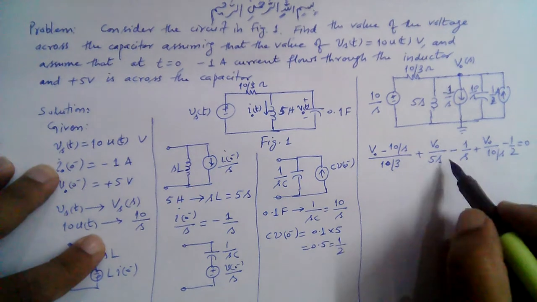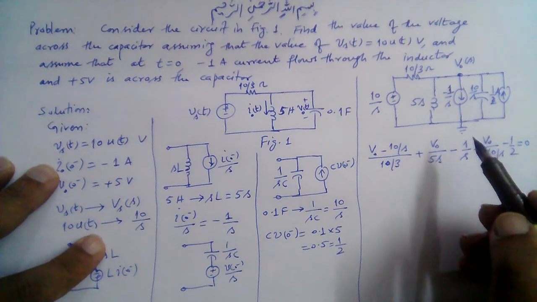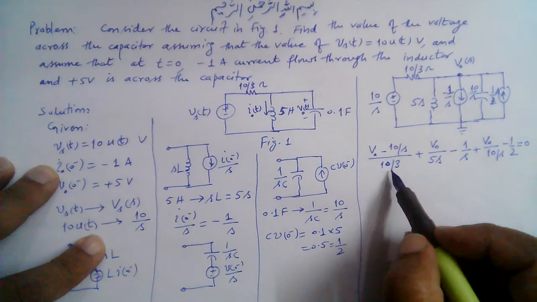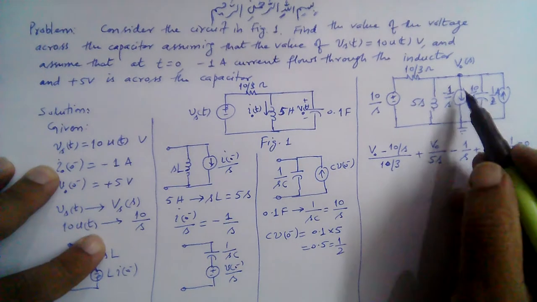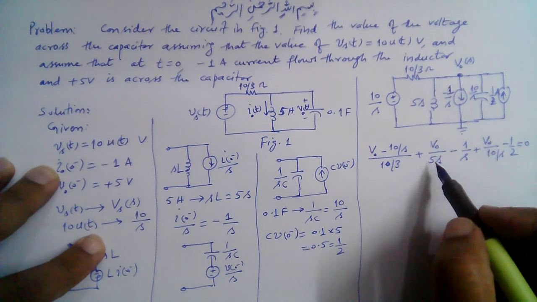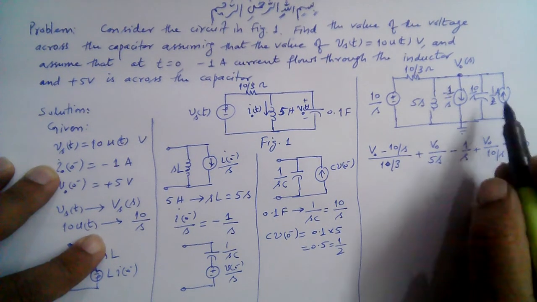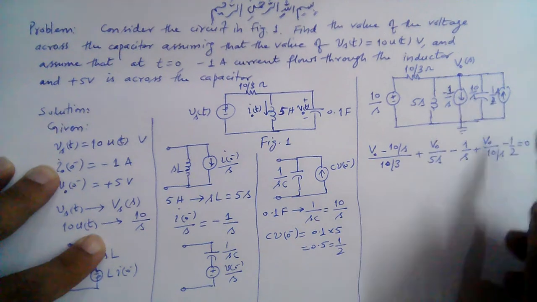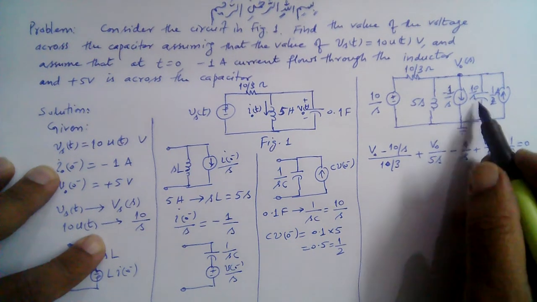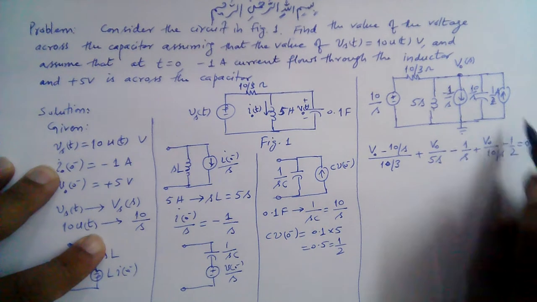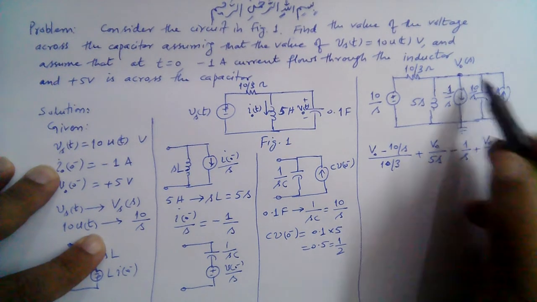So let's take a look at this again. This is V naught minus 10 over S divided by 10 over 3, plus V naught over 5S, and this current here, this is minus 1 over S, plus V naught divided by 10 over S, and minus 1 over 2 ampere, because this current is entering the node.